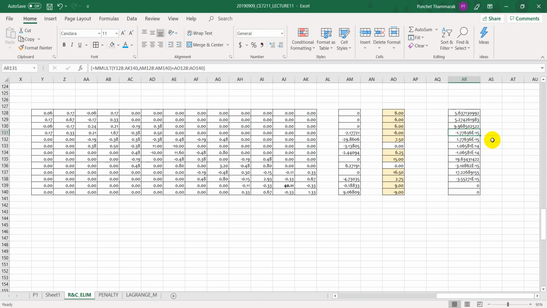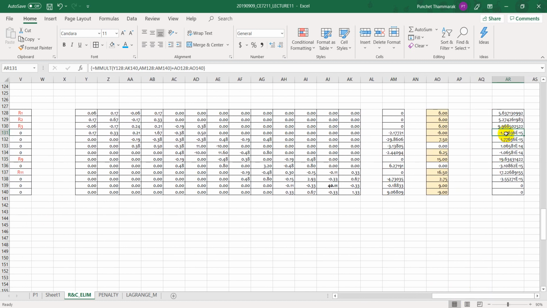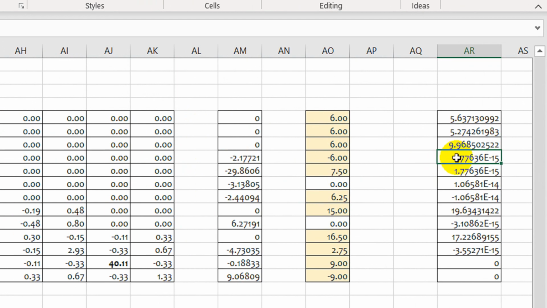You see, this is a very small quantity for number 4, because you don't apply force at degree of freedom number 4. Degree of freedom number 5, I zoom in, 4 and 5 are at the hinge. We don't have applied force at the hinge. Number 6, no moment applied there. Applied moment means the externally applied moment, not the moment from the spring.